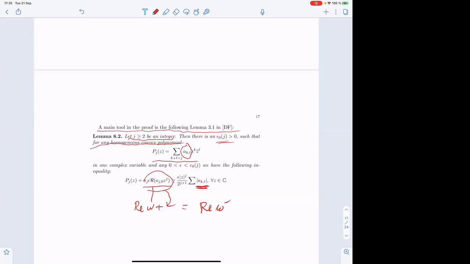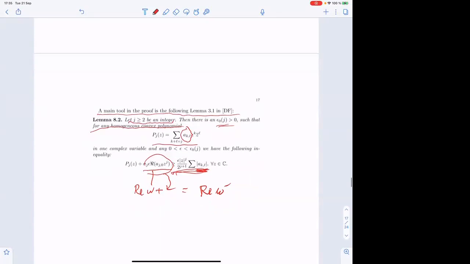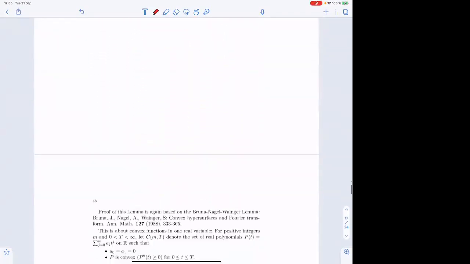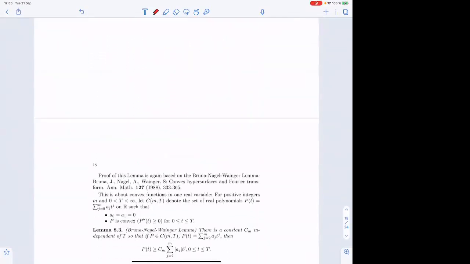But it says that Pj with this addition is larger than something. Yeah, so it's a sort of a nice result for just homogeneous convex polynomials in C. And the lemma there was based on another lemma, a famous lemma in fact, by Bruna, Nagel, and Wainger.